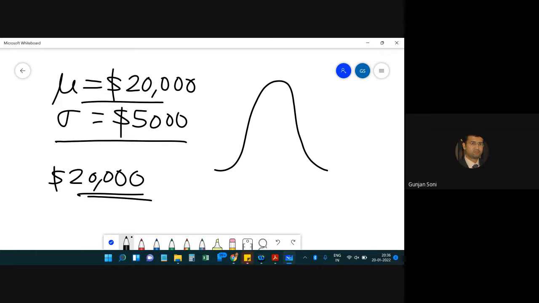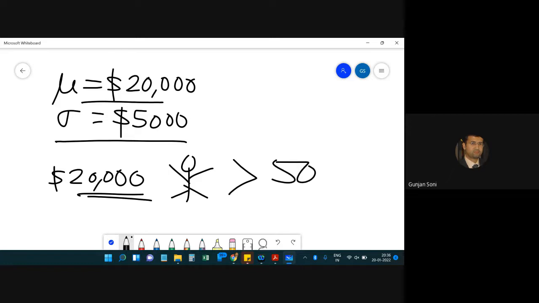Can we say that this person which I have just picked has a salary greater than 50% of the people in the company? Give me the answer.